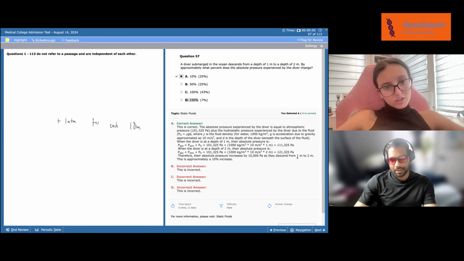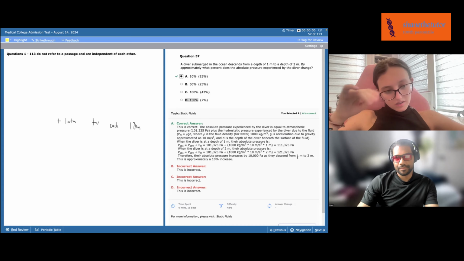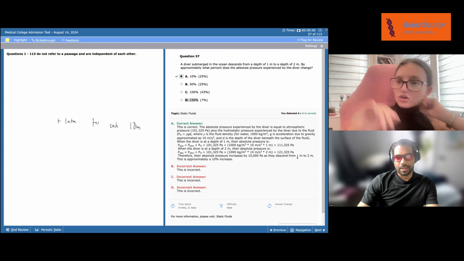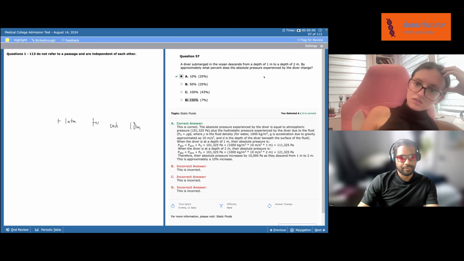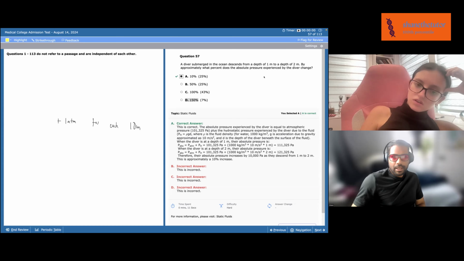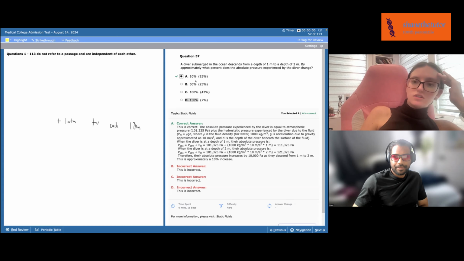What is the conversion of, so from 1 to 2, from 1 to 10, it would be 100? Like, what is the, so atm to percentage? What percent does the absolute pressure experienced by the diver change?